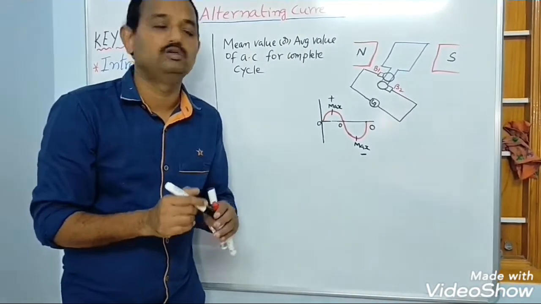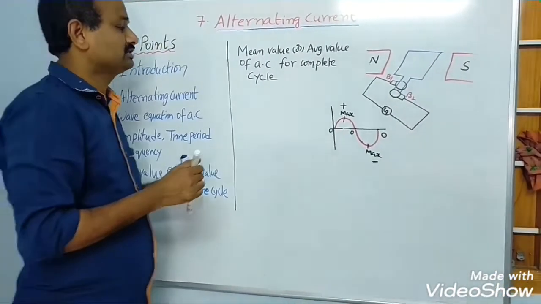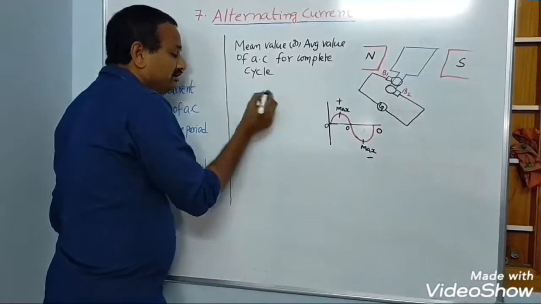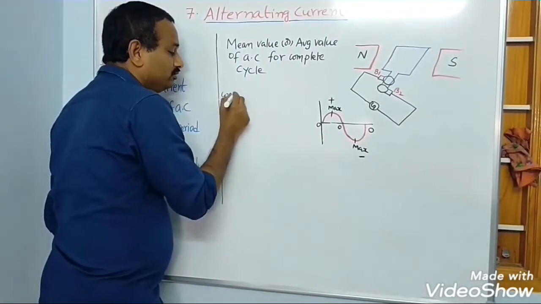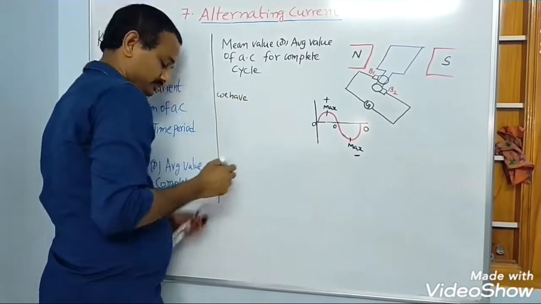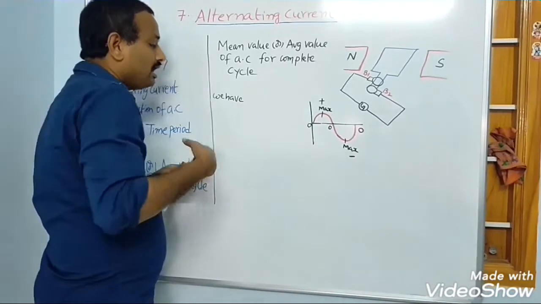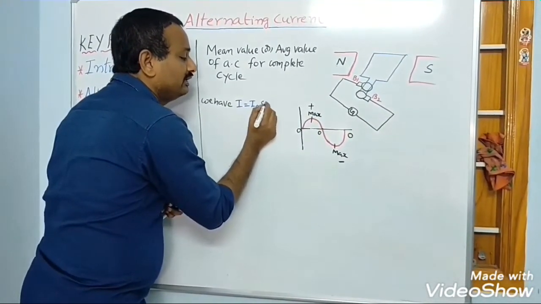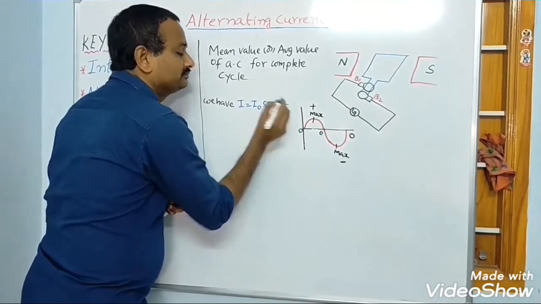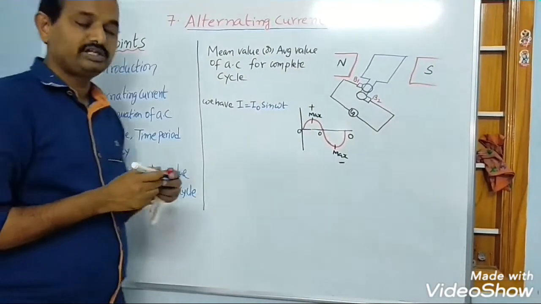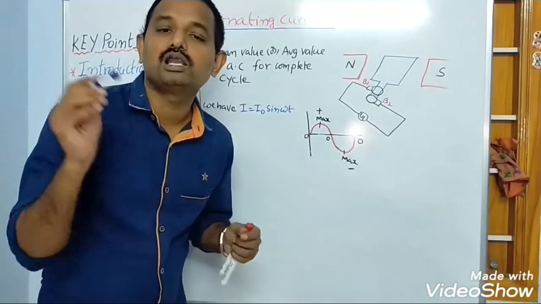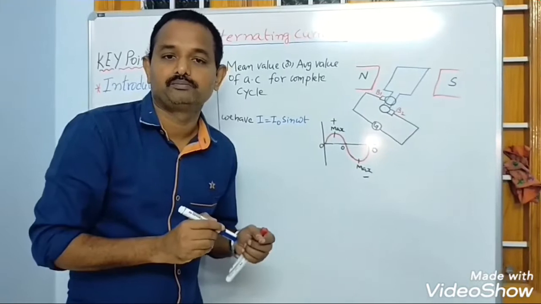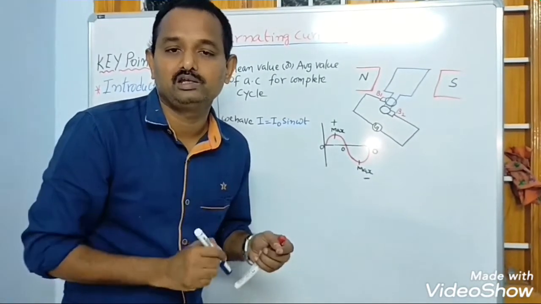Okay, by seeing graph we can say that, but I want to derive that. How I will derive? Look at here. Students, equation for instantaneous value of current, we know that we have I equal to I naught sin omega t.